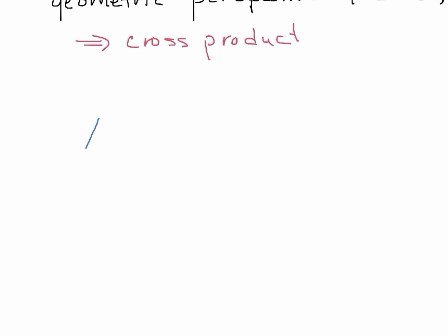Let's look now at a geometric perspective of the determinant of C. One way to think about this is that this is effectively a cross product. Consider two vectors, and we'll call them u and v.